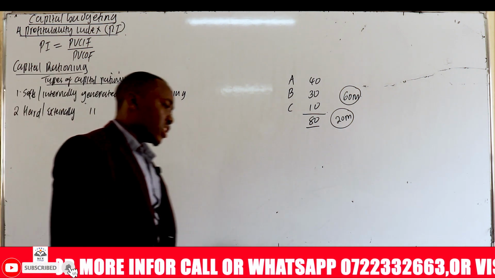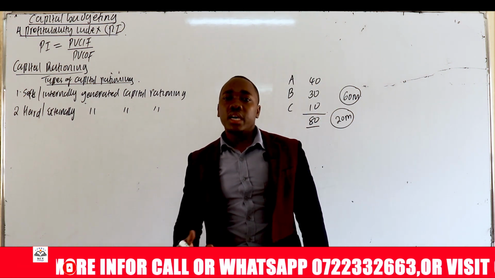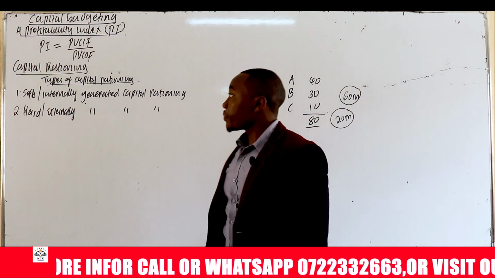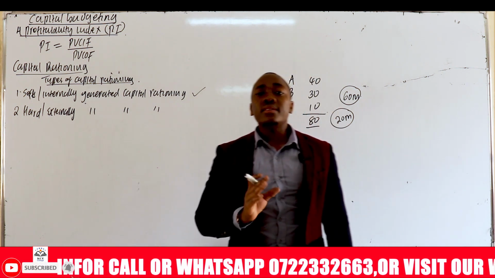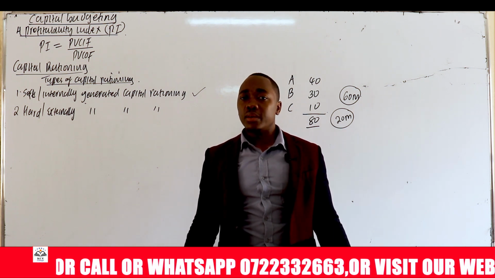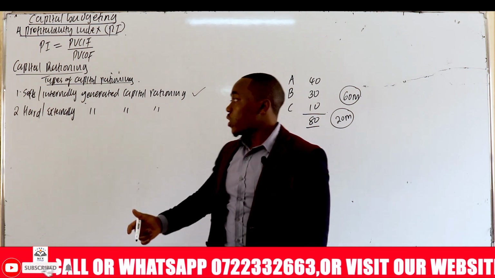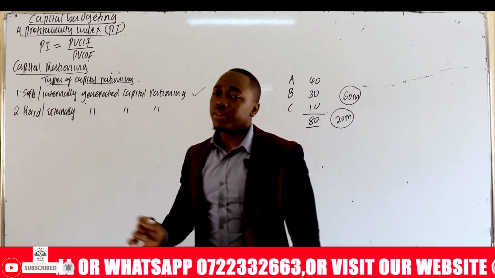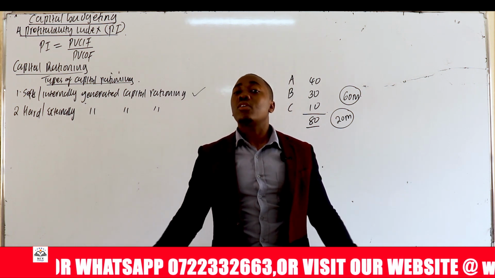Those are the two classifications of capital rationing. Starting with the first one, the soft or internally generated capital rationing is the scarcity of investment fund due to factors within the control of the management, or due to actions of the management. While hard or externally generated capital rationing is the scarcity of investment fund due to factors not within the control of the management.